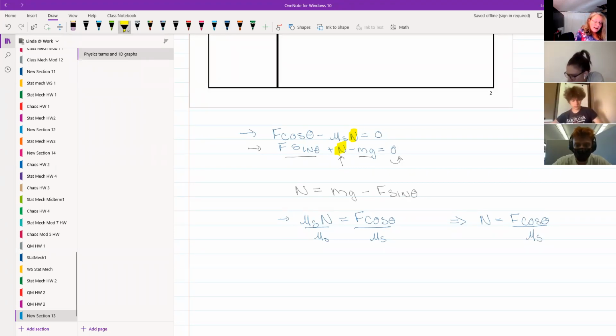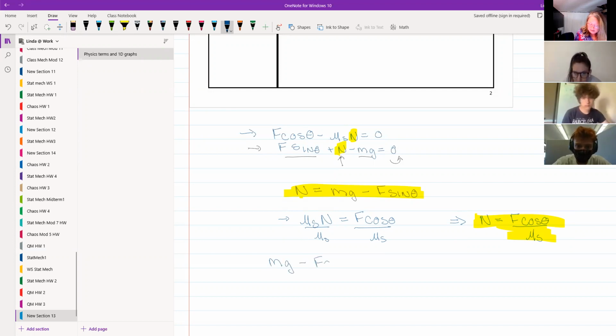So now I have two equations that equal the same thing. If I'm solving a system of equations and the two equations equal the same thing, I can set them equal to each other, and that's exactly what I'm going to do. So I'll get mg minus f sine theta equals f cosine theta divided by mu s.